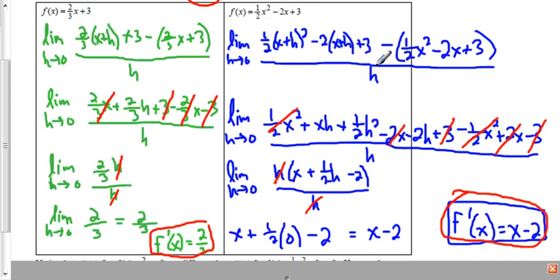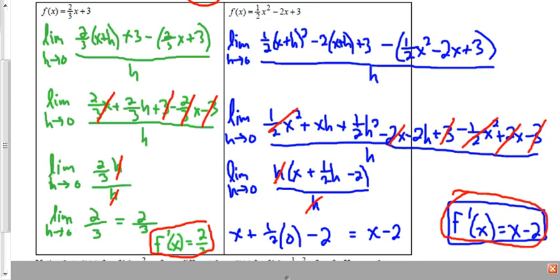So looking up here, when the original function was a line, I got a constant function. When the original function was degree 1, the derivative was degree 0. Here it's a quadratic function, so degree 2, and I'm getting a degree 1 function for my derivative, so quadratic to linear.